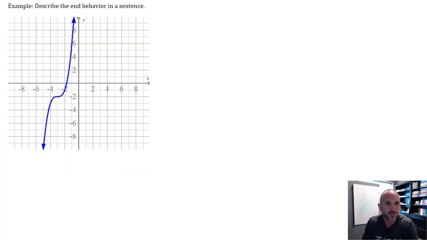So we're describing the end behavior of this function. So again, we're looking at what happens as x goes to the right forever. So now we're looking at the right end of this graph. This graph keeps going right and up. So what we say here is as x goes to positive infinity, this is the right end of course, y goes to positive infinity as well because it's going up forever.